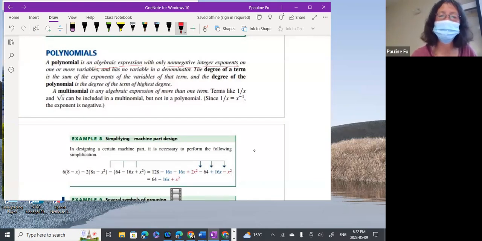Non-negative integer exponents, for example, x squared, x cubed, x raised to power 4. The degree of a term is the sum of the exponents of the variables of that term. The degree of a polynomial is the degree of the term of the highest degree.